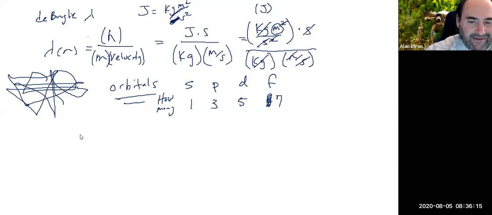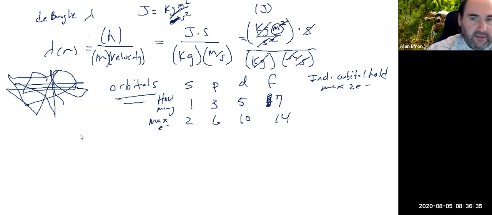Remember that any individual orbital can hold a maximum of 2 electrons, which means if we max out our s on any level, that's 2 electrons. That is 6 electrons, that's 10 electrons, and that is 14 electrons.